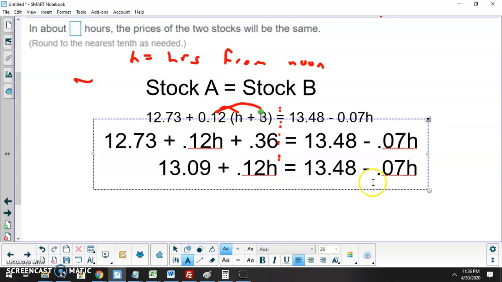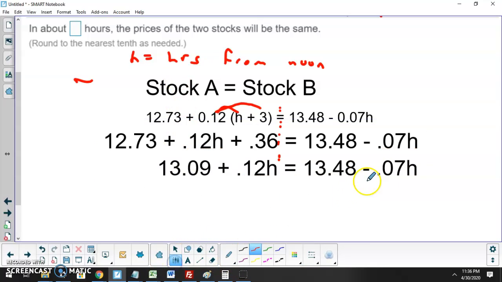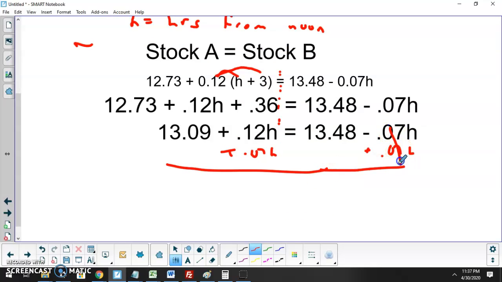I forgot my H there. Next thing you want to do is move the variables from one side to the other. So I'm going to add 0.07H to both sides.